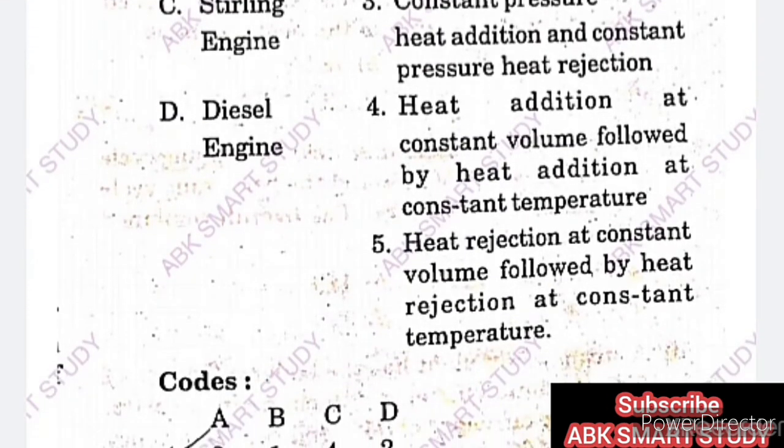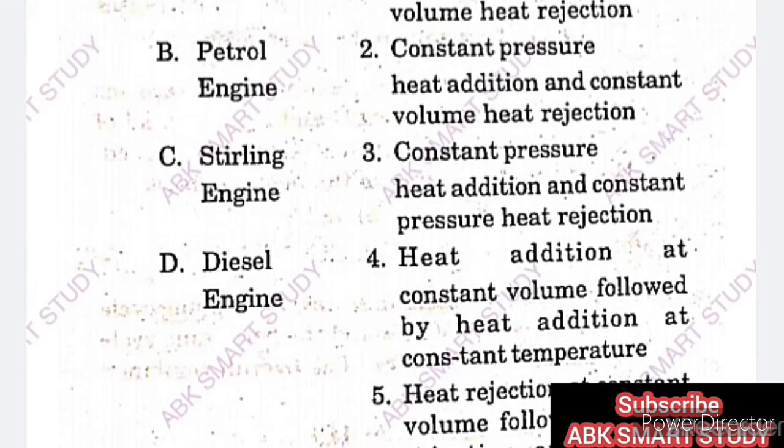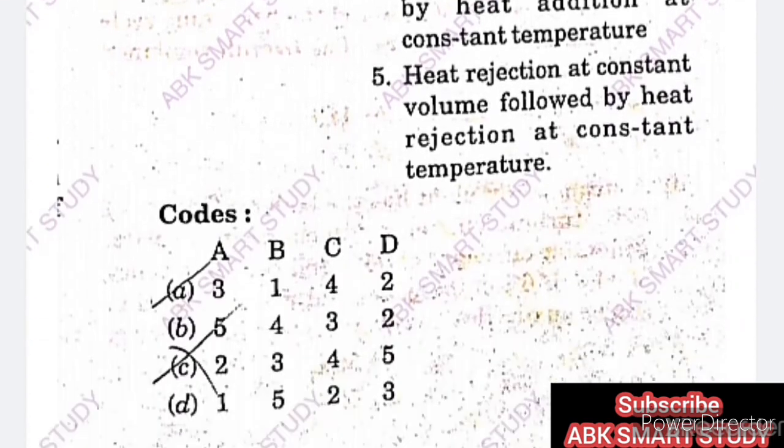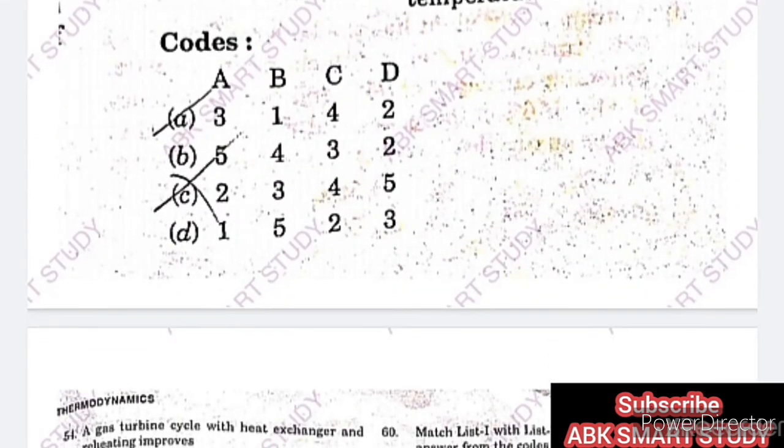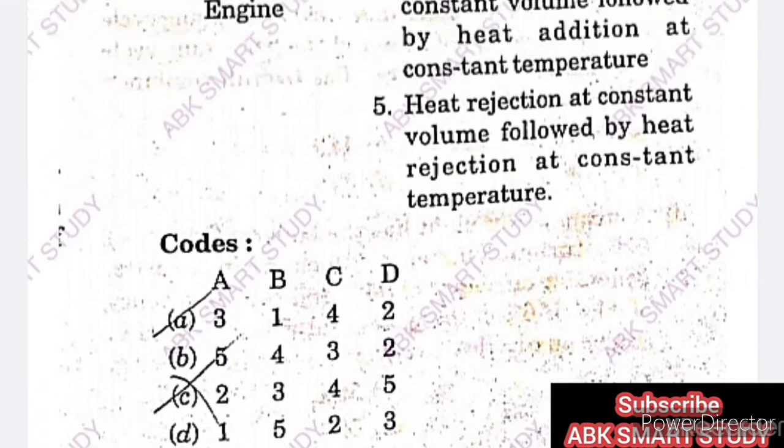And for diesel engine we use constant pressure heat addition and constant volume heat rejection. So here option A, 3142, is correct for this question.